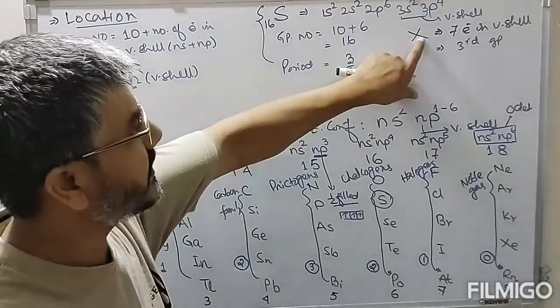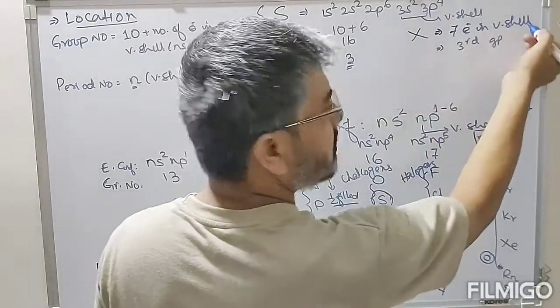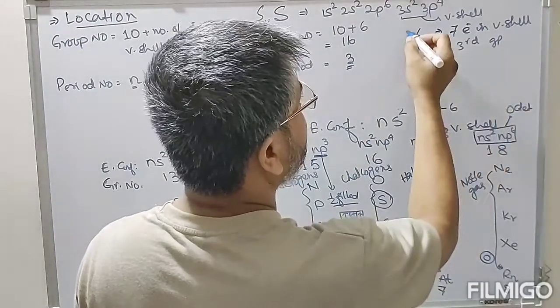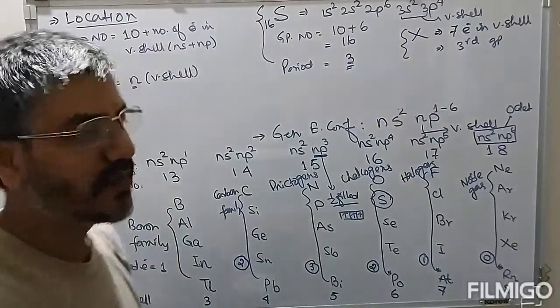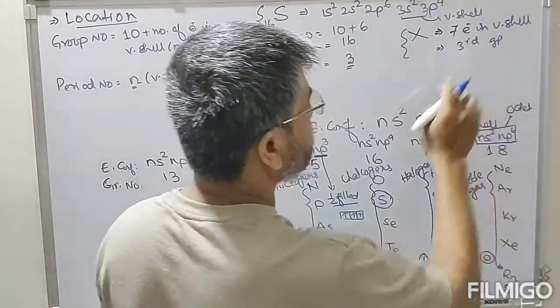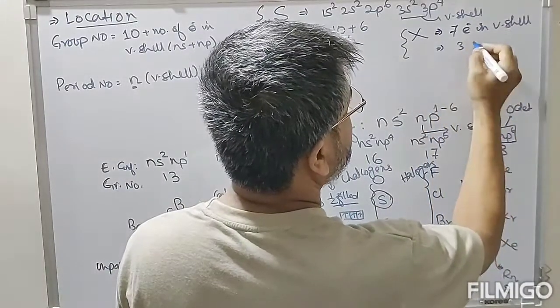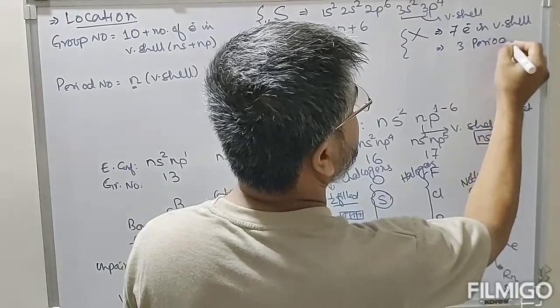So we have an element X which has 7 electrons in the valency shell and it is in the third period.